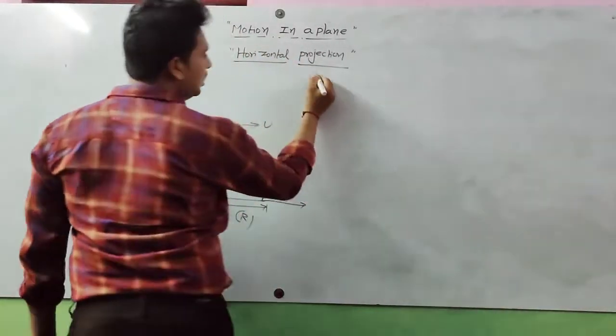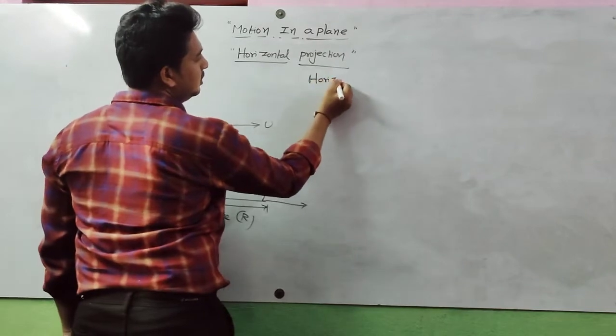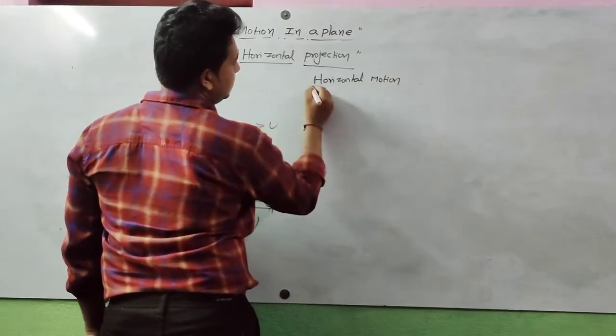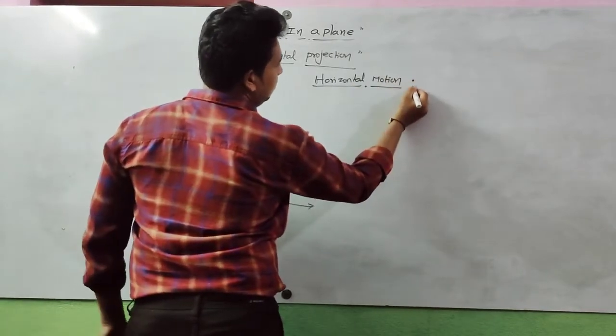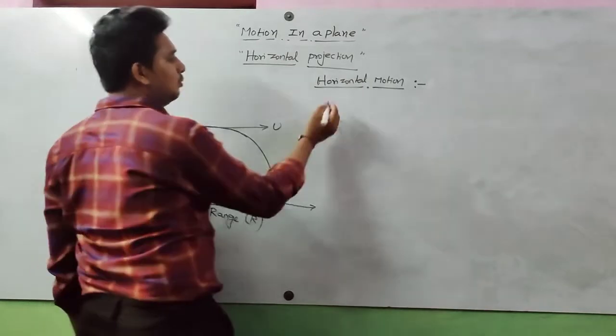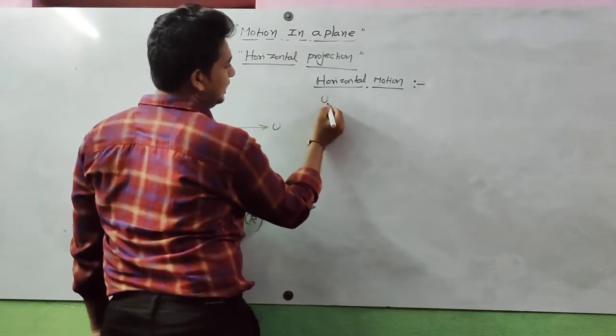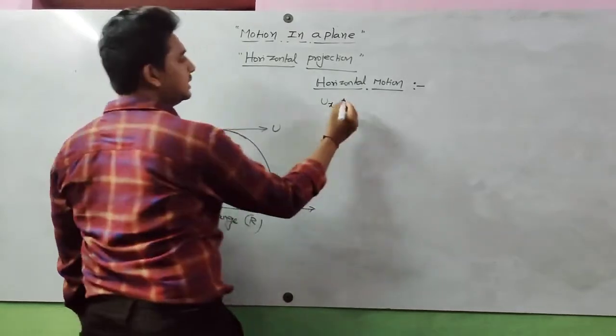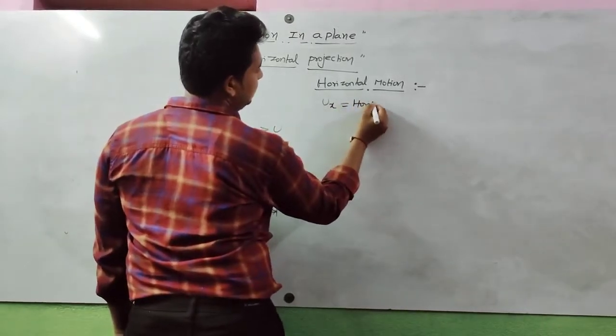So here, horizontal motion. How do we indicate the horizontal motion? Let us consider the horizontal component of initial velocity.